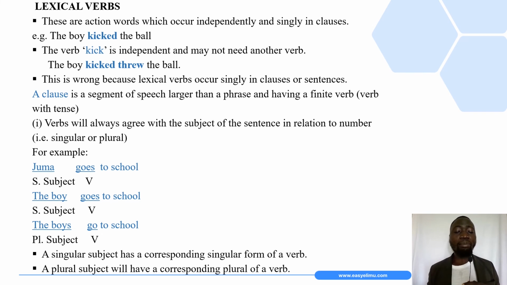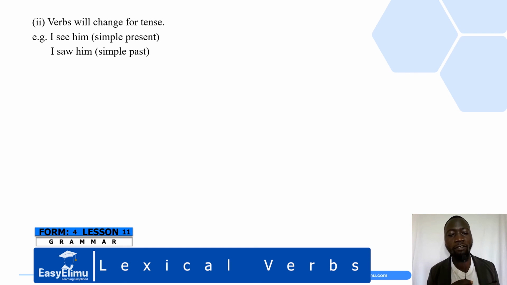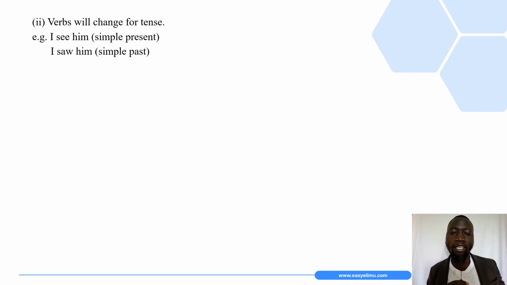So a singular subject has a corresponding singular form of a verb. And another thing is that a plural subject will have a corresponding plural form of a verb. So another important detail worth noting, dear students, before we come to the end of the session, is that verbs will change for tense.